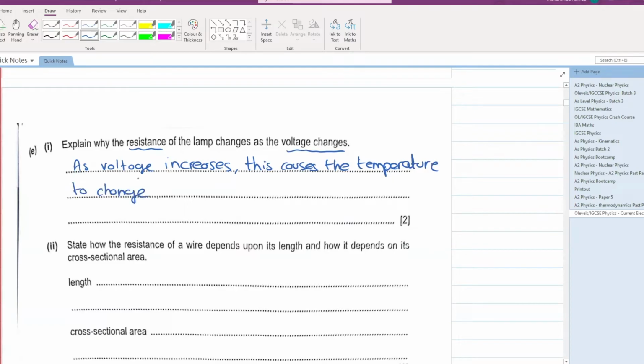However, we should write it with the word change because the examiner has asked us what will happen if the voltage changes, not when the voltage increases. As the voltage changes, this causes the temperature to change, and hence the molecular vibrations change.